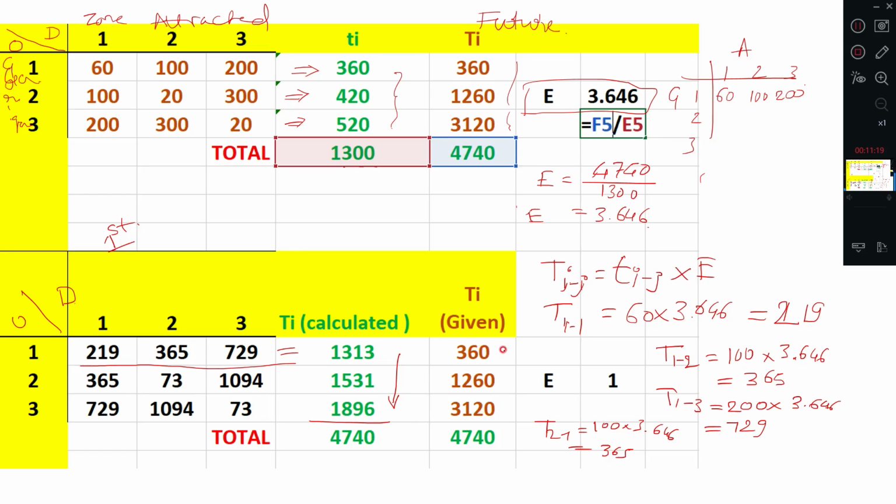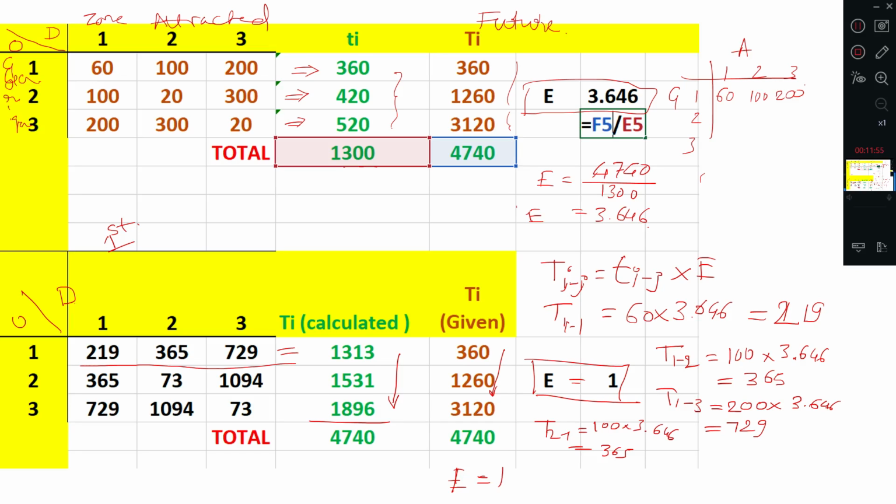The future trips he has predicted are given in the question, and you write that in another column. So here the growth factor is 4740 divided by 4740, which is 1. We need to iterate until we get growth factor as 1. In the first iteration we got 3.646. In the second iteration we have got E equal to 1.